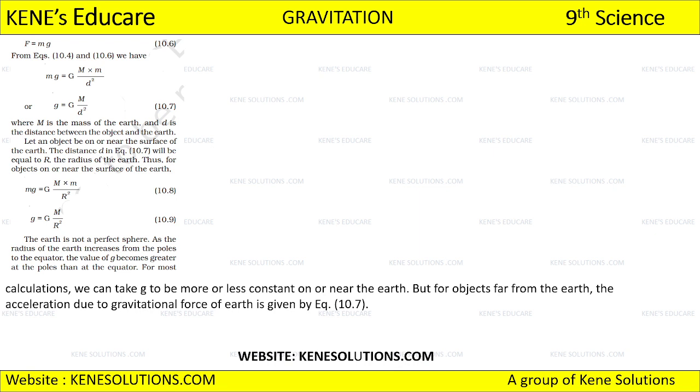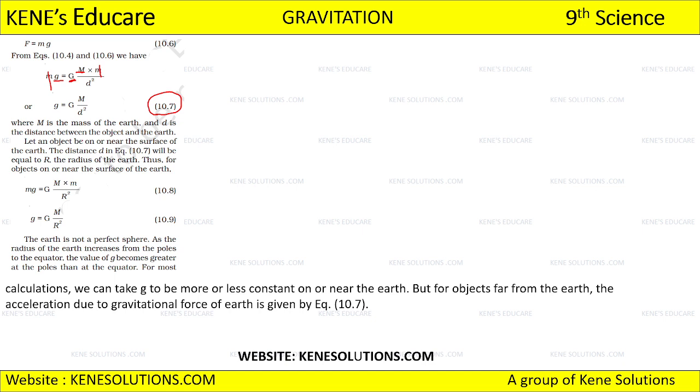The small m and small m get cancelled, and we are left with the formula small g, that is acceleration due to gravity, is equal to capital G, the gravitational constant, times M upon d square, where capital M is the mass of the earth and d is the distance between the object and the earth.